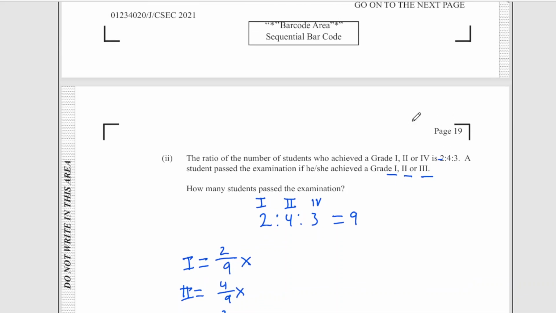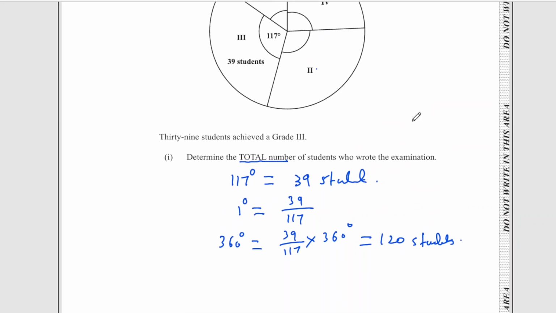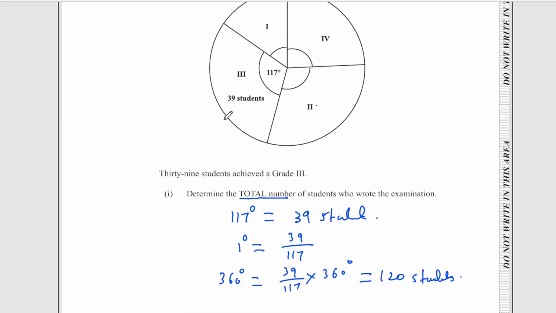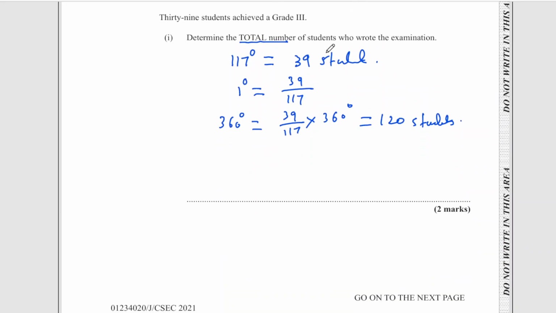So if we go back to the pie chart here, they told us 39 students got grade 3. So therefore, if we want to know how much students got 1, 2, and 4, we will take this 39 and subtract it from the total of 120. So 120 take away 39 will give us how many students had a 1, 2, or 4, right? So this question had a little trickiness in it here.